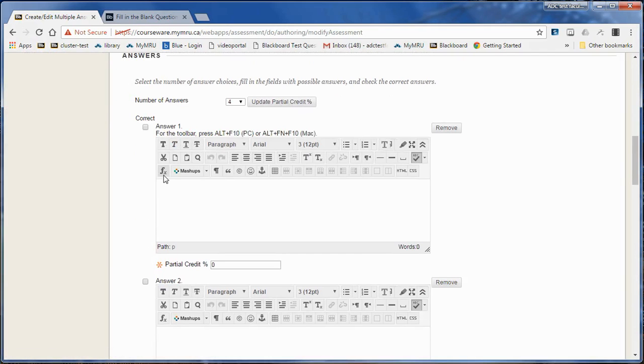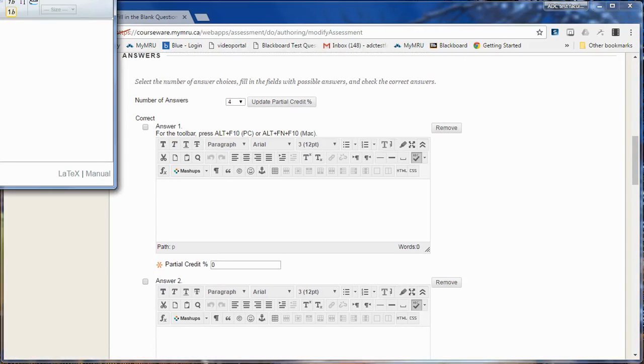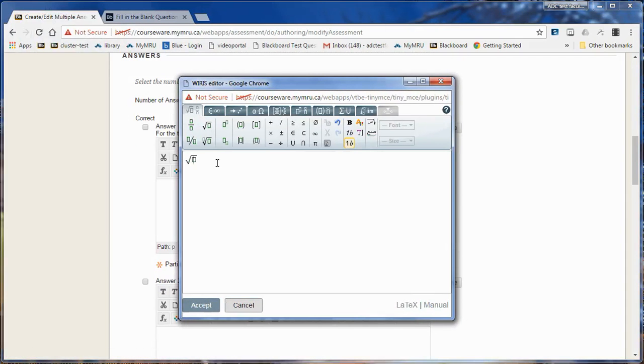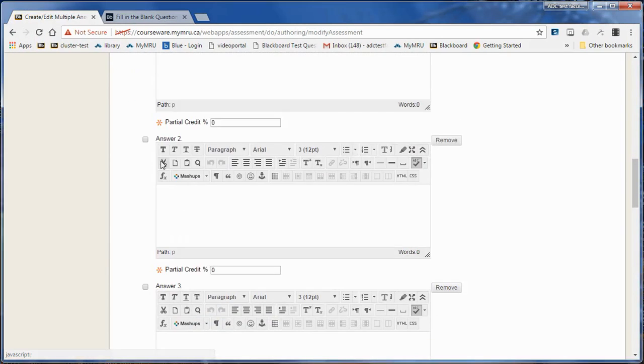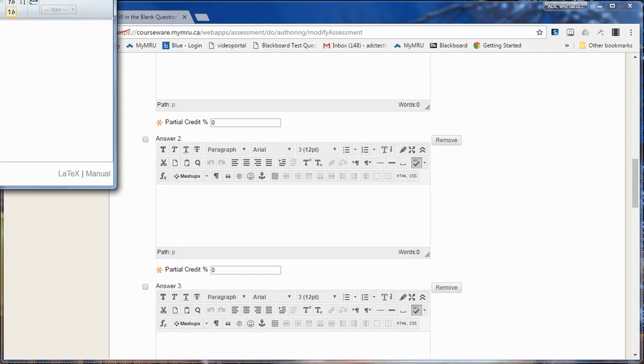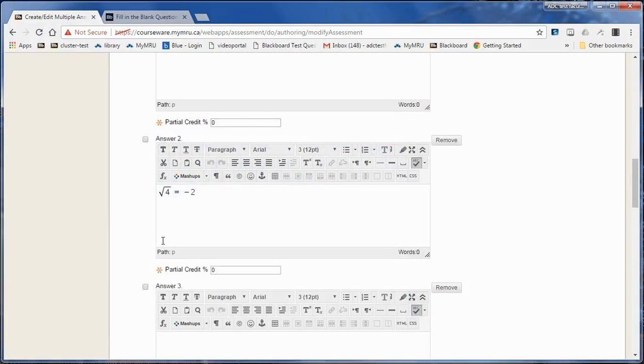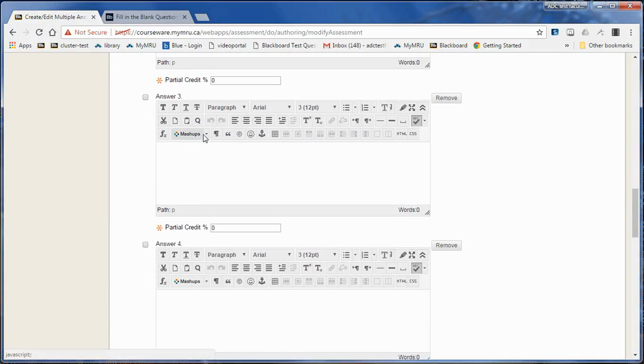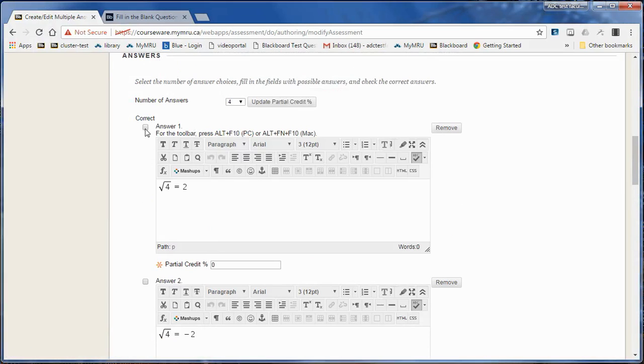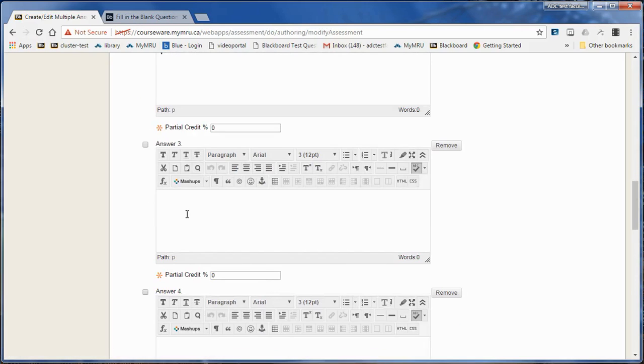So the statements are 4 equals 2. And by the way, these first ones are correct, so I'm going to put check marks beside them.